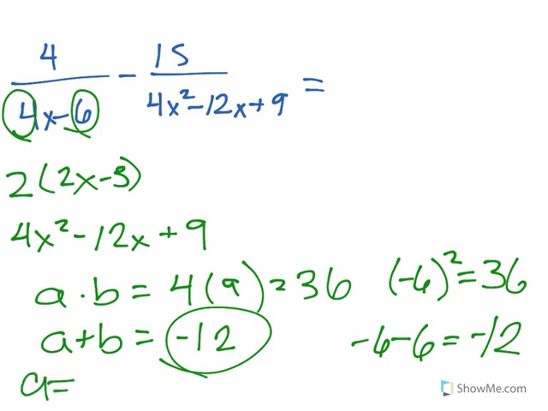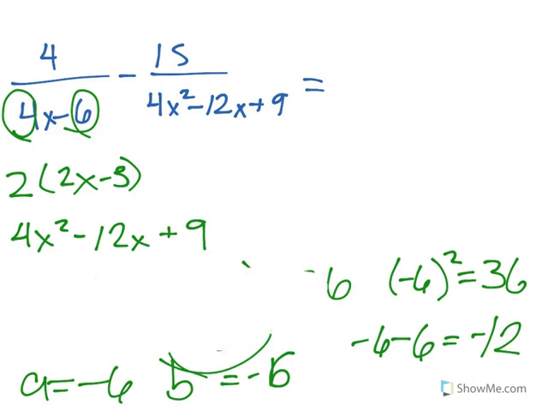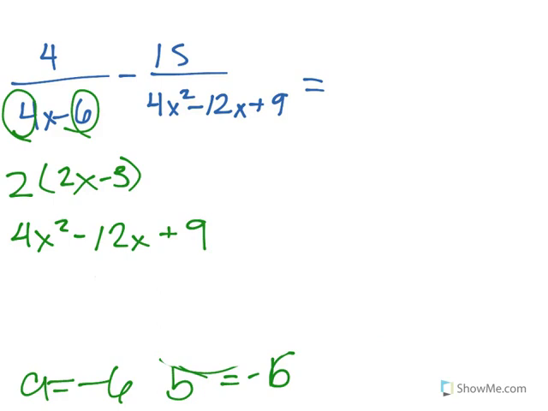And we find that a is equal to negative 6 and b is equal to negative 6 as well. And now we just expand our middle term. So instead of having the negative 12x we had before, we have negative 6x minus 6x plus 9.